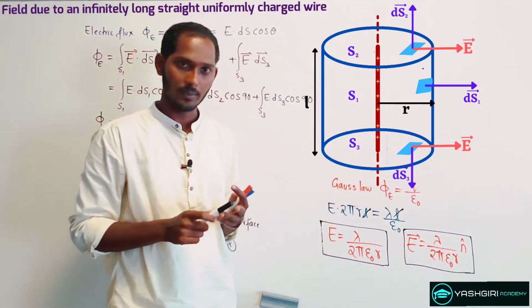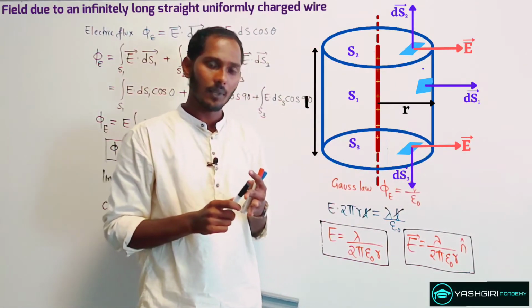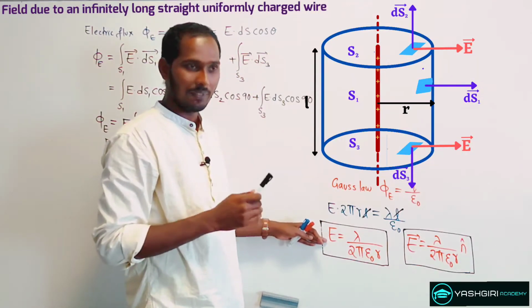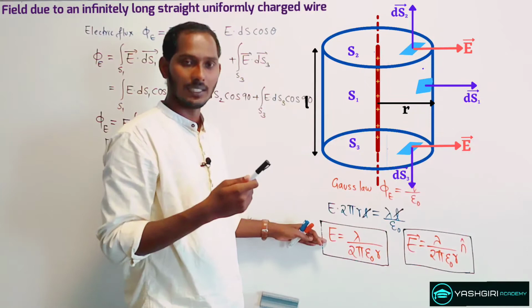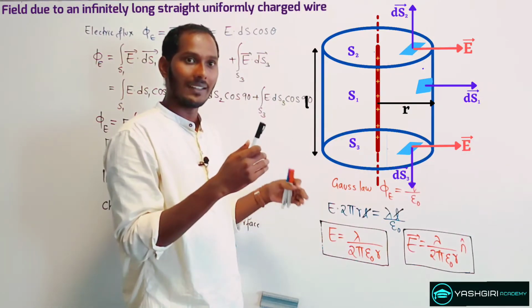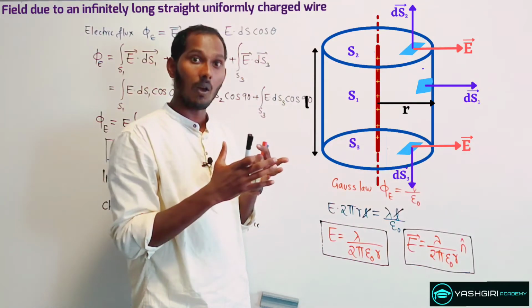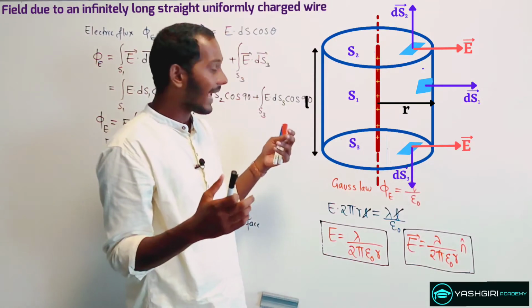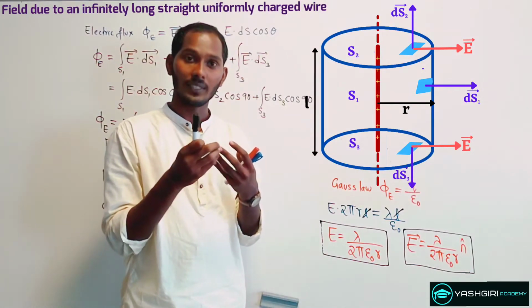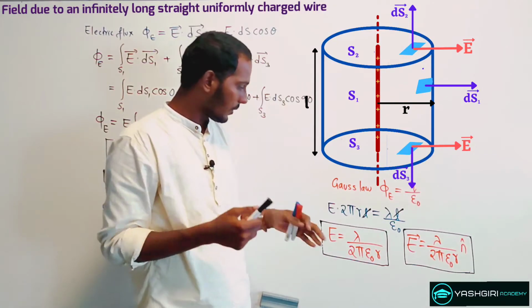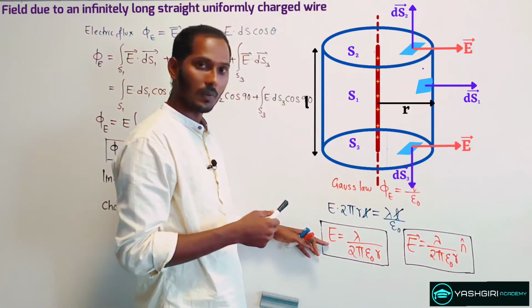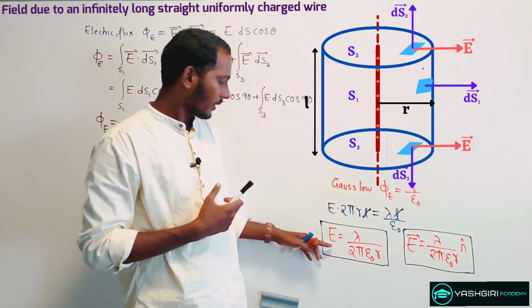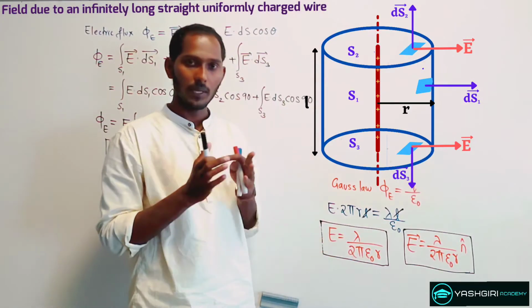And the third thing is that I can make use of the same expression even to calculate the electric field at the central portion of a long finite wire, wherein I can just ignore the end effects of that long wire. Now these are the few points that you need to note.